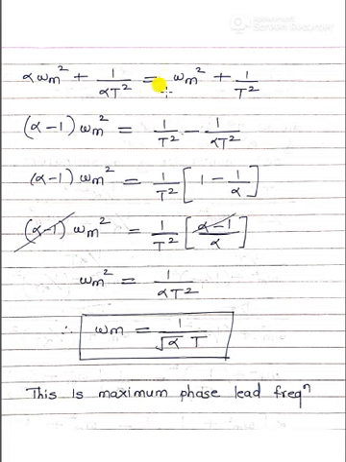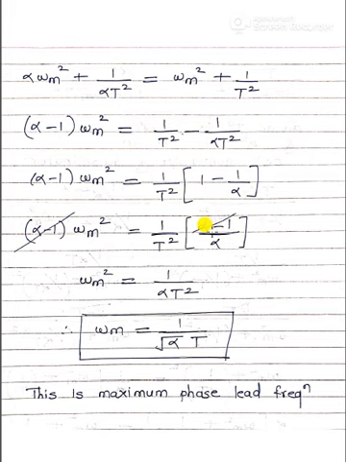Now we combine the omega terms and the 1 upon T square terms. So (alpha minus 1) omega m square is equal to 1 upon T square minus 1 upon alpha T square. From this equation we take common 1 upon T square into the bracket 1 minus 1 upon alpha.